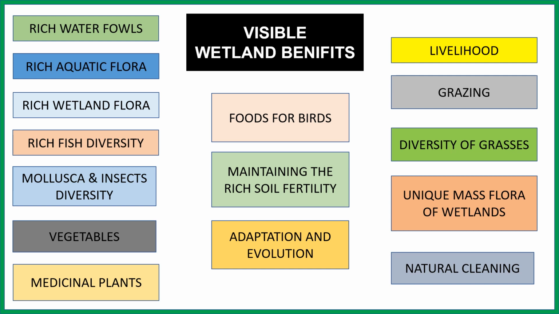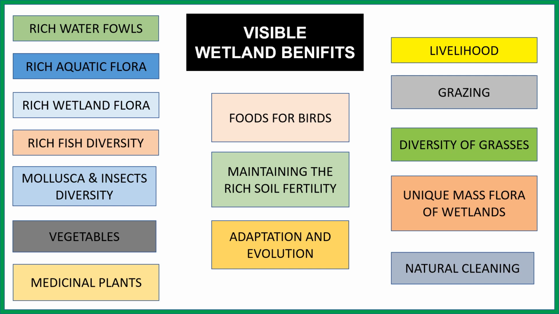What we have seen in this study is that rich soil fertility is maintained in wetlands, and there is a livelihood means for the people that live in and around the lake. Then they can get grazing: many cattle, flocks of goats, buffaloes, and cows come and graze in such areas.